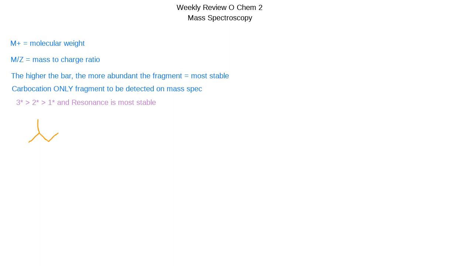It's a simple C5H12. So it's an alkane. Alkanes are the easiest to cleave because it's just single methyl groups or CH2 groups. So it's not too bad.